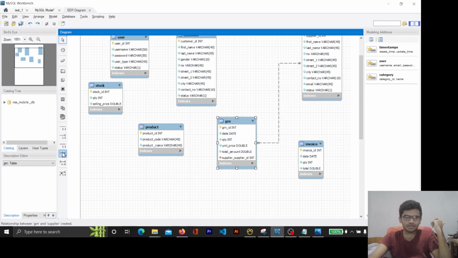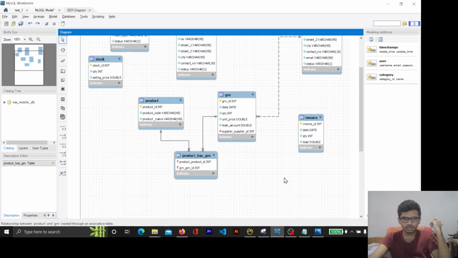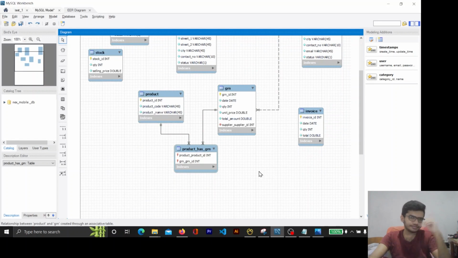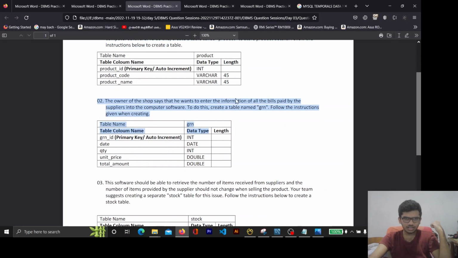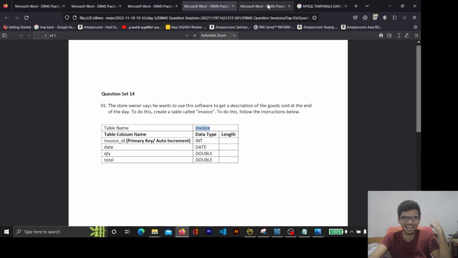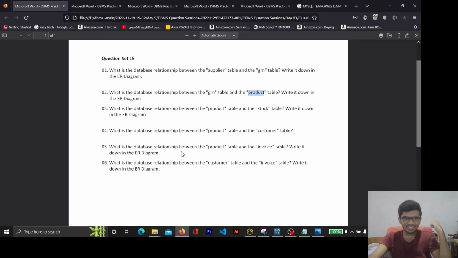So it is a many-to-many relationship. You have to select here and click these two tables. This is where both sides are multiplying. So I have answered the second question.